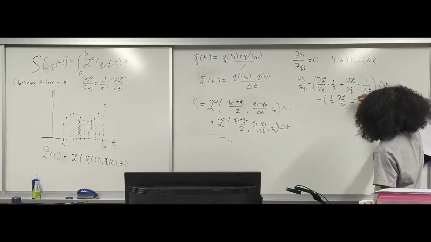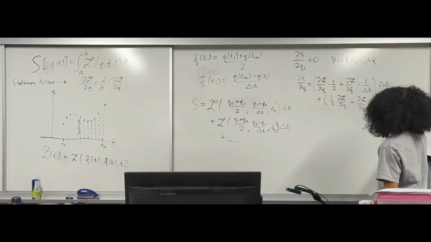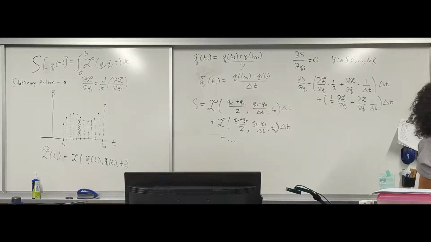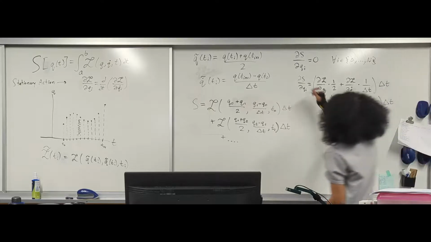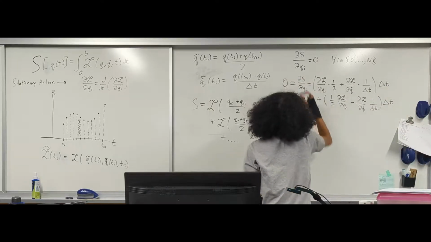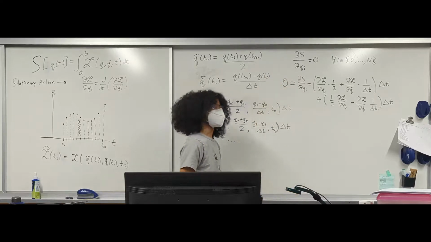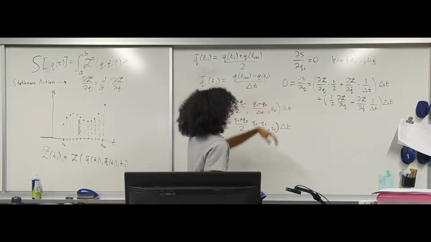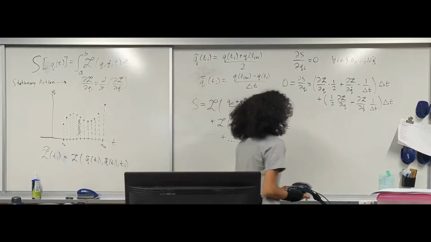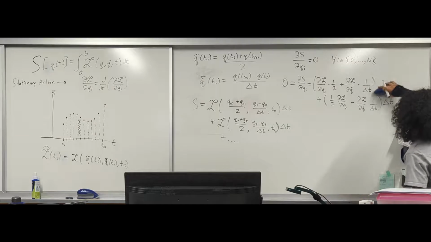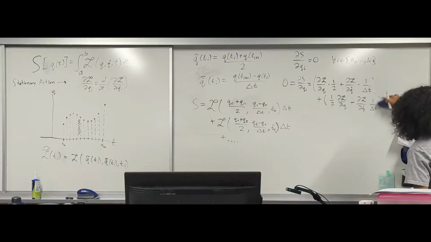So minus dL by dq dot times 1 over delta t. And this is times delta t. Okay, but this is 0, right? That's our condition that the action is stationary with respect to variations of qi. So then we can get rid of these delta t factors. Just divide by them.